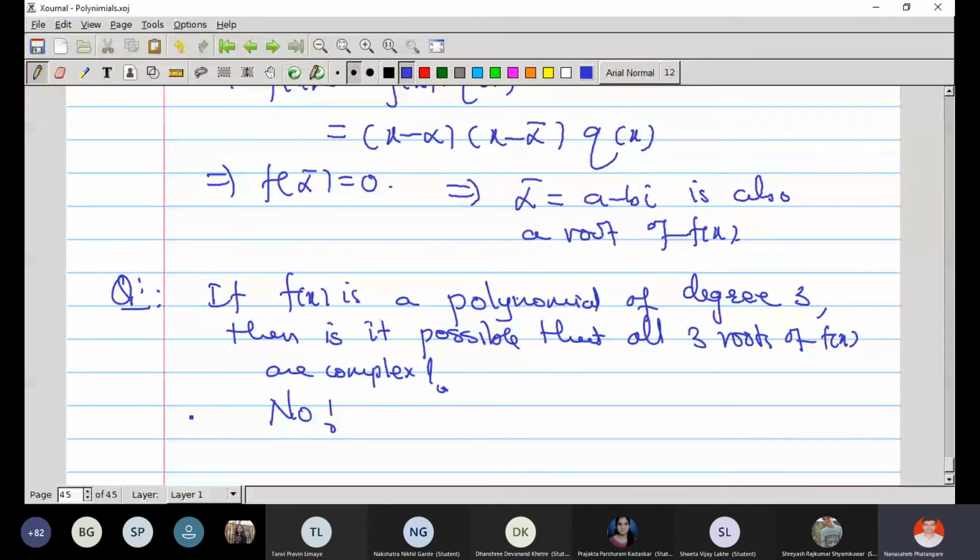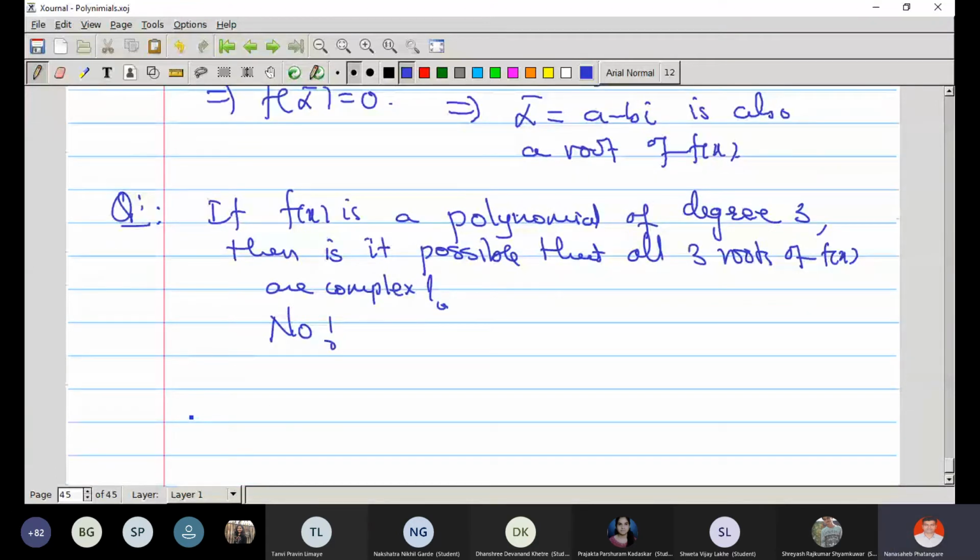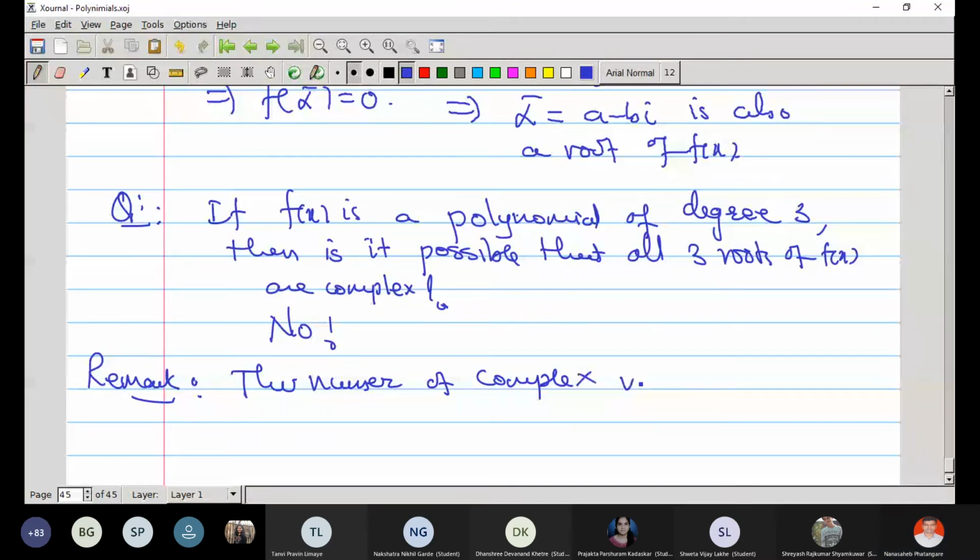Therefore, what is a remark? The number of complex roots of a polynomial in R[x] is even.